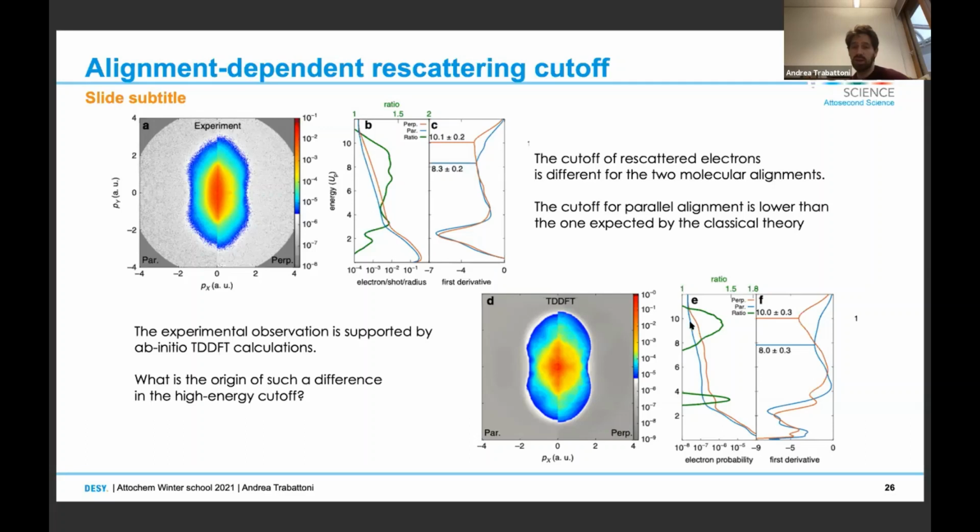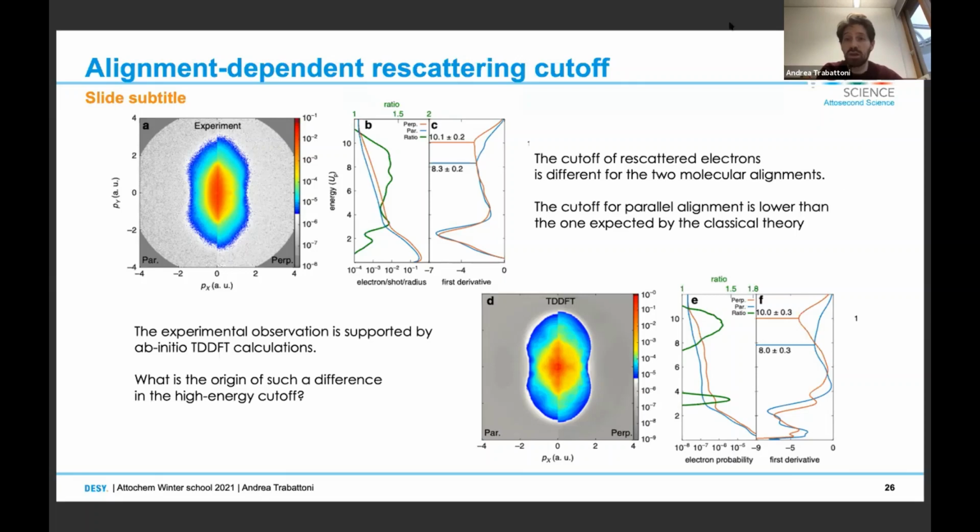Also in this case, you see in the two distributions, where red is for perpendicular and blue again for parallel, as in the experiment, that for the perpendicular alignment we have the expected cutoff at 10 Up, while for parallel alignment the cutoff dropped to 8 Up.